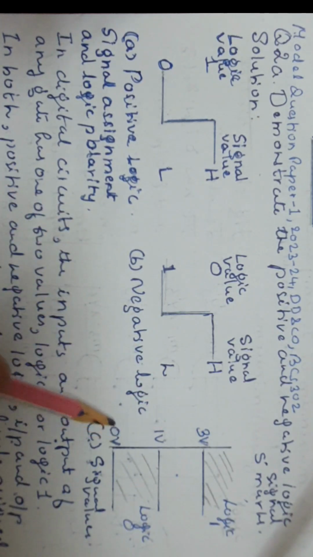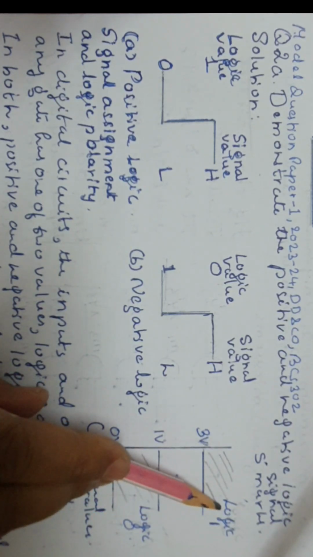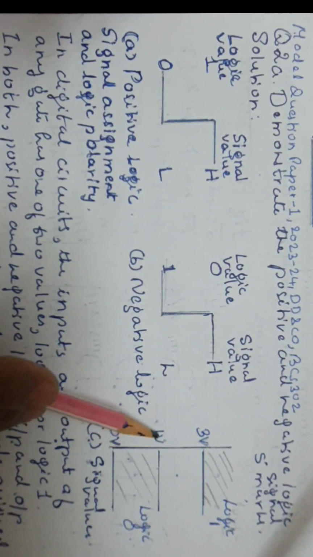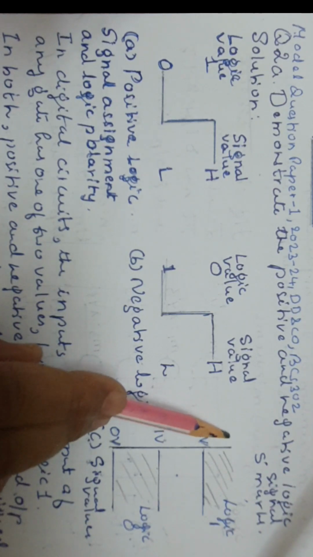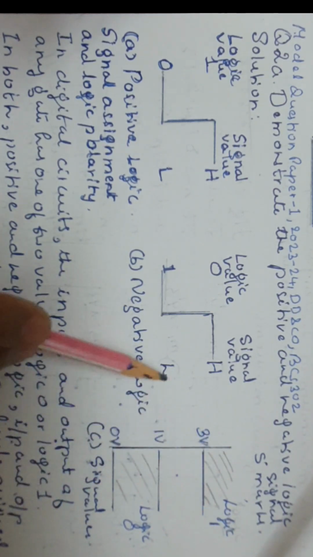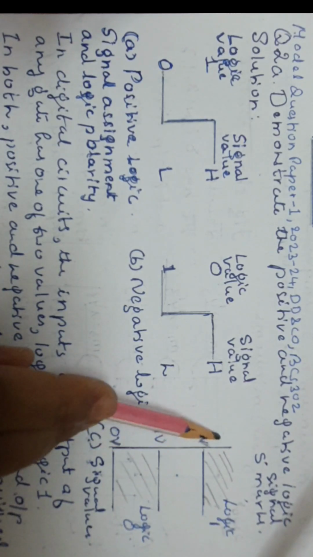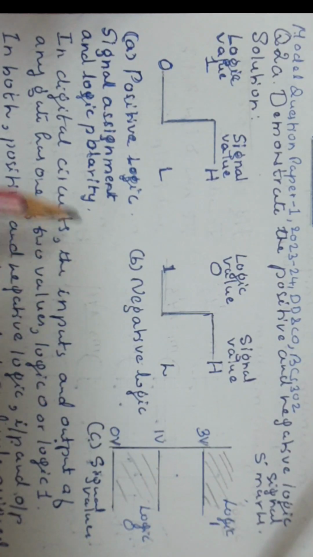We speak in terms of logic values, whether it is logic 0 or logic 1, not signal values. If that DC signal value is between 0 and 1, it is logic 0. Above 3 and up to 5 volts, that is logic 1. In general, we call 0 volts logic 0 and 5 volts logic 1. But this is the actual scenario.